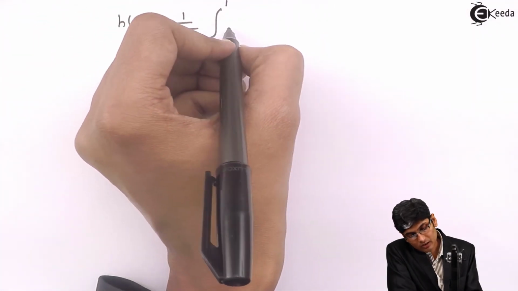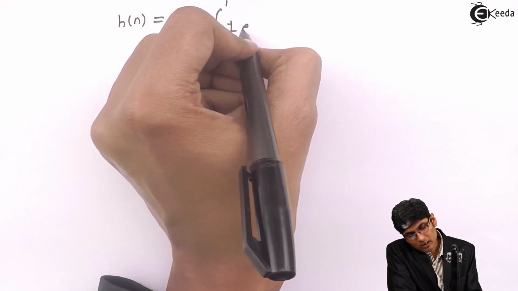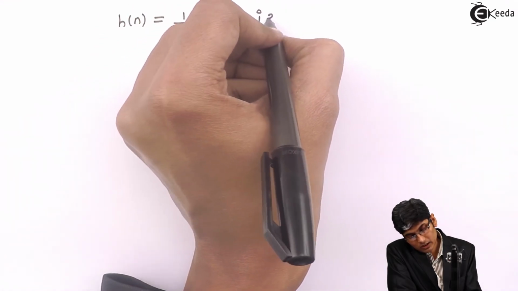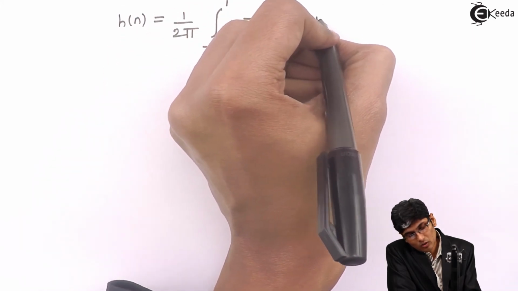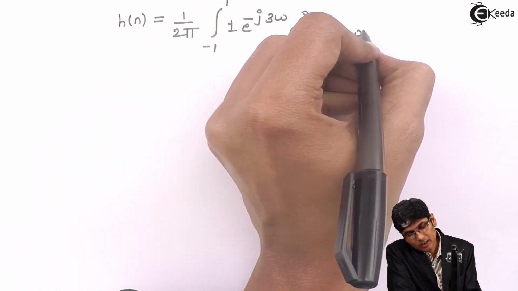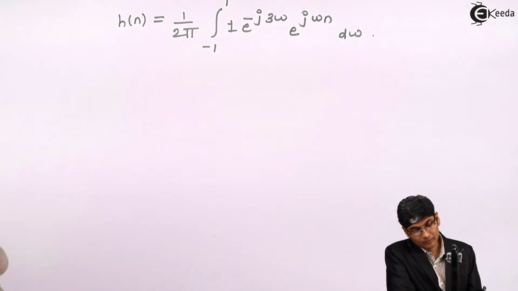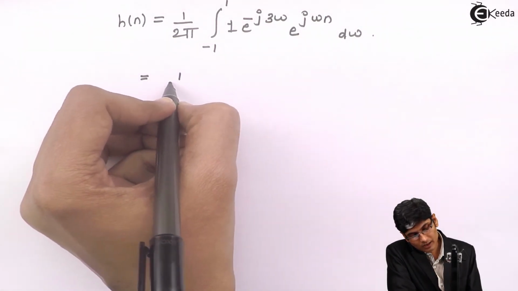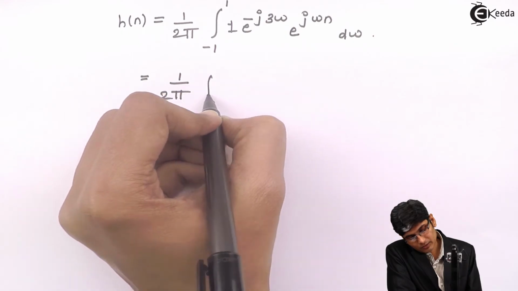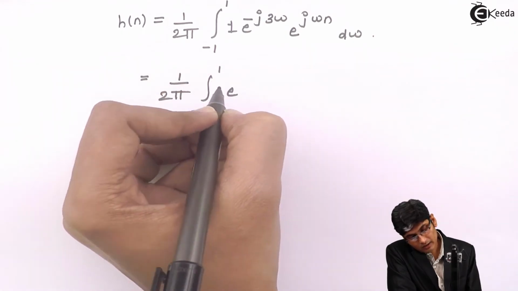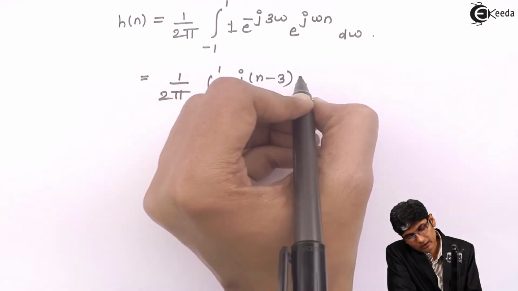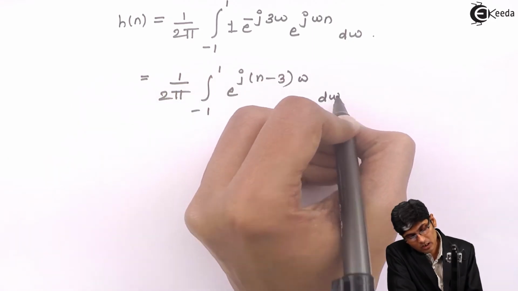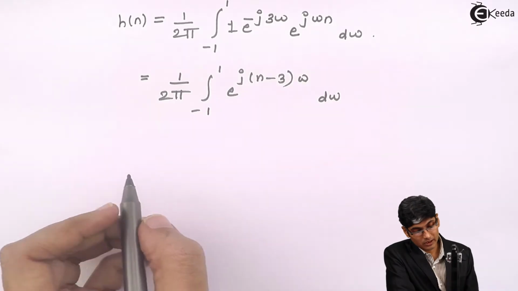Here the integral will be 1 times e raised to minus j 3 omega into e raised to j omega n d omega. Correct? Now we will adjust the terms and we'll get e raised to j, I can pull common out, n minus 3 together, and then omega also I can pull common out, d omega.